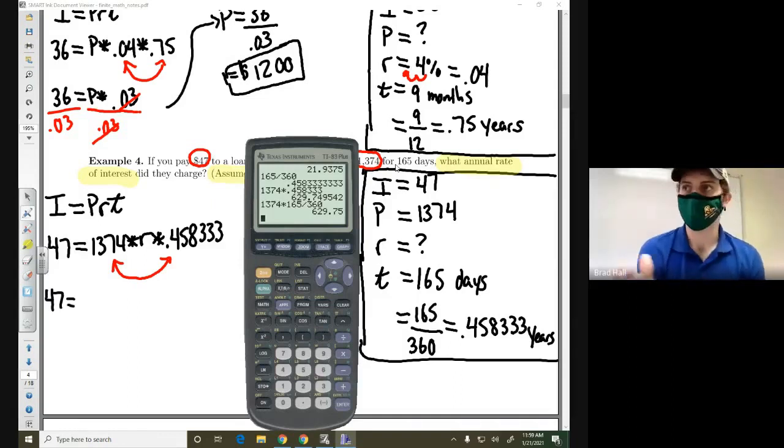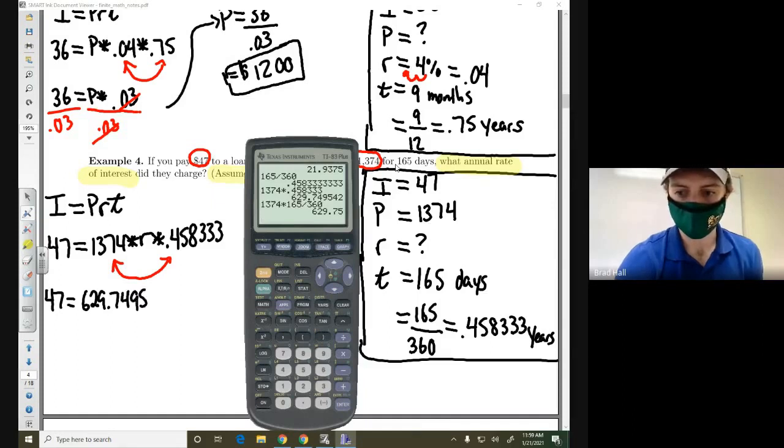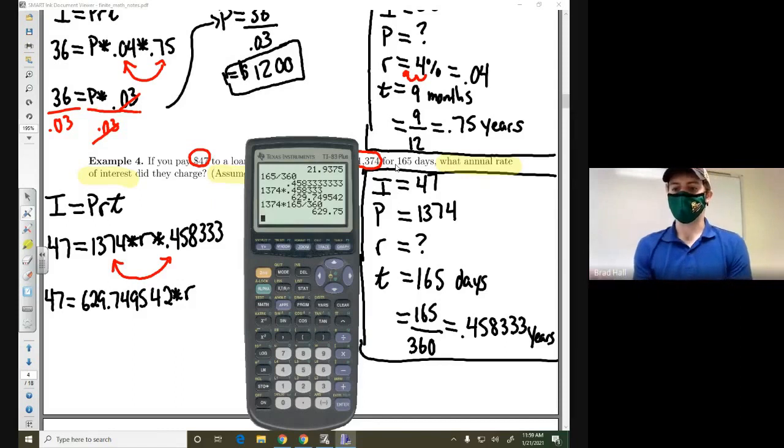But if you get a different answer, don't think that that means yours is wrong, because you will find that the final answer will still come out to be the same. So let's see, I'm going to use the 629.749542. But if you use the 629.75 using your rounding method, that's still correct. That's still fine. You will get the same answer in the end, I promise.